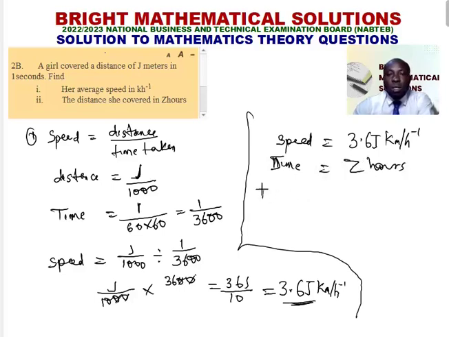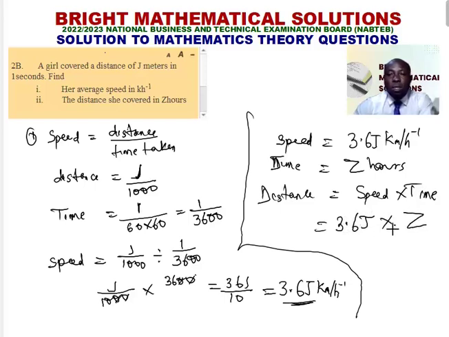So the distance will now be speed multiplied by time. So that will now become 3.6J multiplied by Z. That will now be 3.6JZ kilometers. So that is the solution.